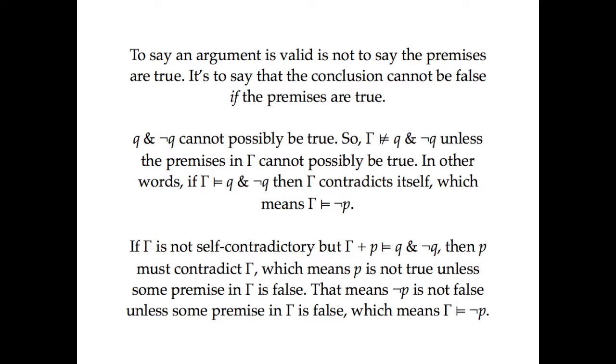And that means that P is not true unless some statement in gamma is false, namely the statement that P contradicts. Well, here's what that means. That means not P is not false unless some statement in gamma is false. And that's just the definition of validity. That's the definition of saying that gamma entails not P.